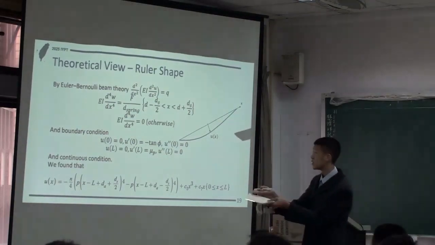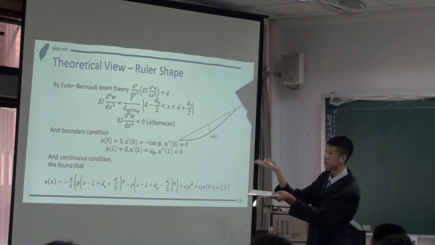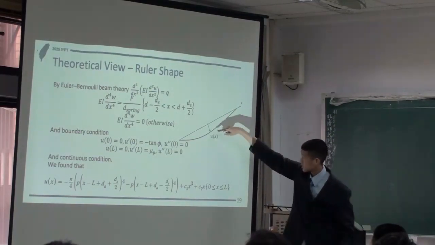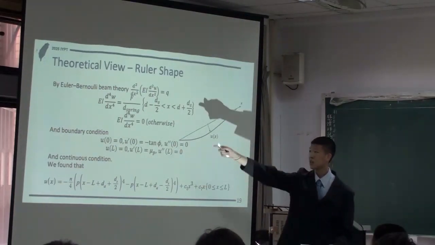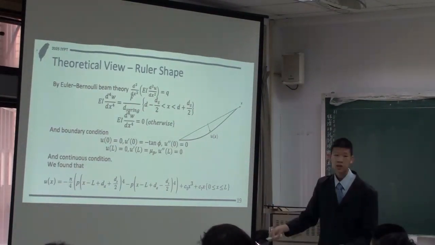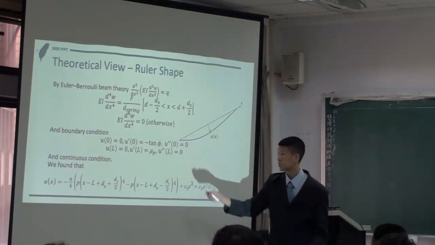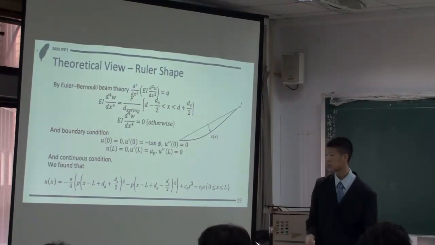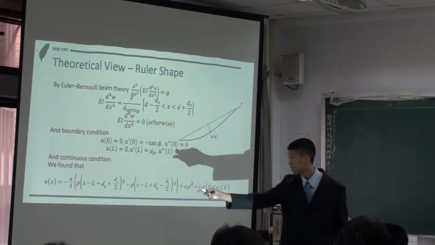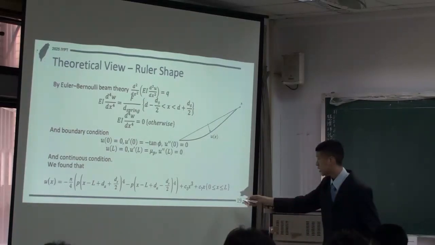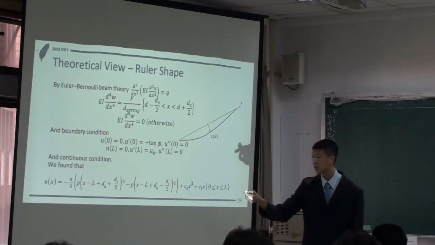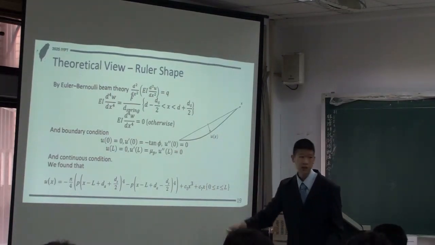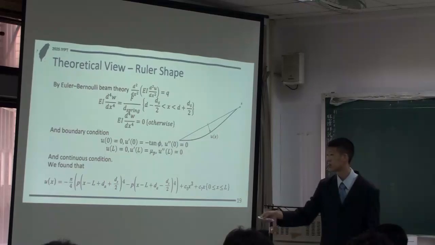We are going to make a coordinate of this, and we can apply that theory, and this is the differential equation, and we have 4 boundary conditions, and we can use math to find that u is going to be this, and we can see that this is a 3-degree polynomial.